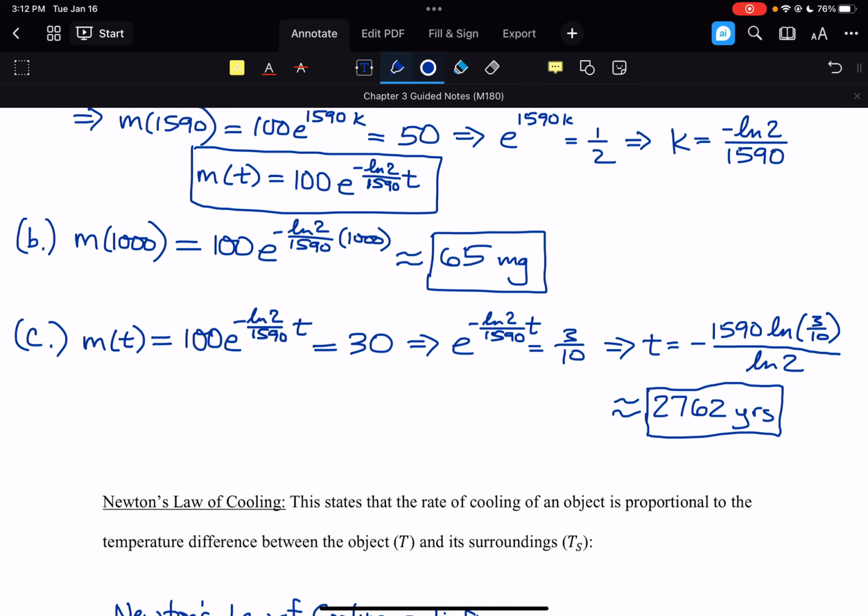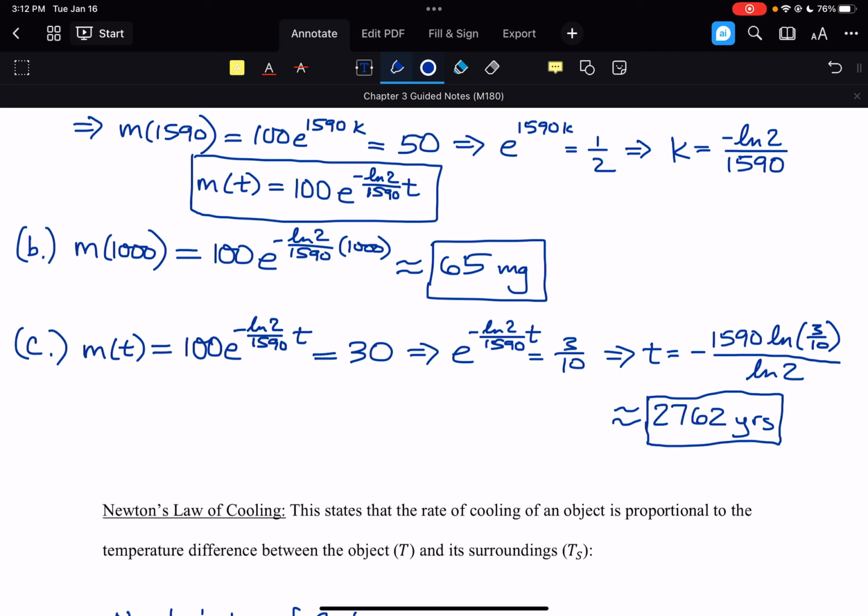Newton's law of cooling states that the rate of cooling of an object is proportional to the temperature difference between the object and its surroundings. So here's the formula. So we have dT, the derivative of temperature with respect to time, equals k times T minus T sub s.